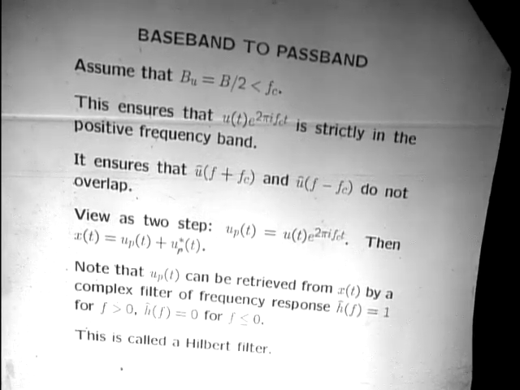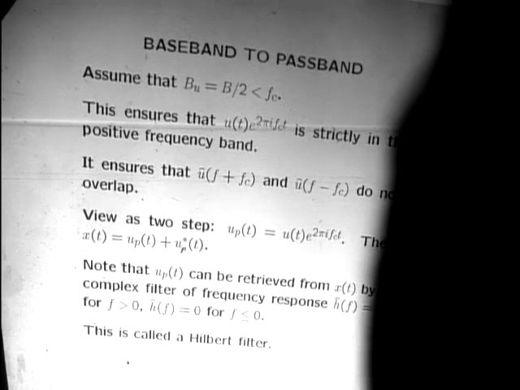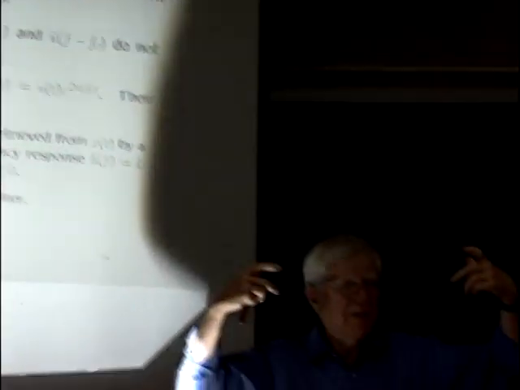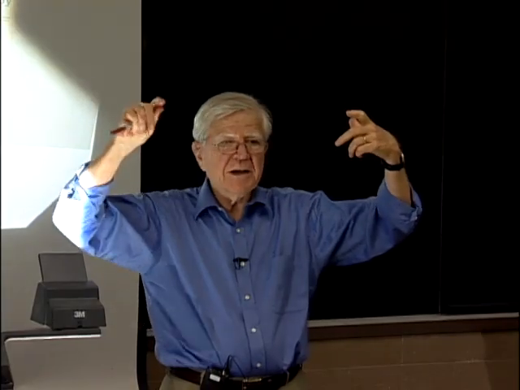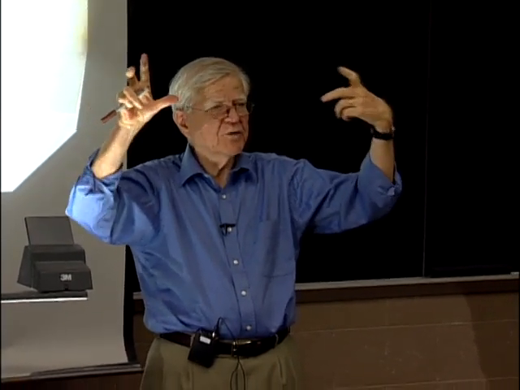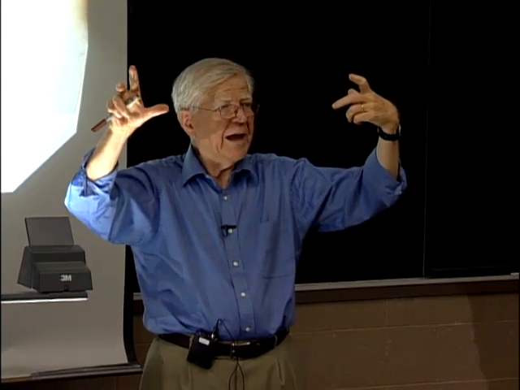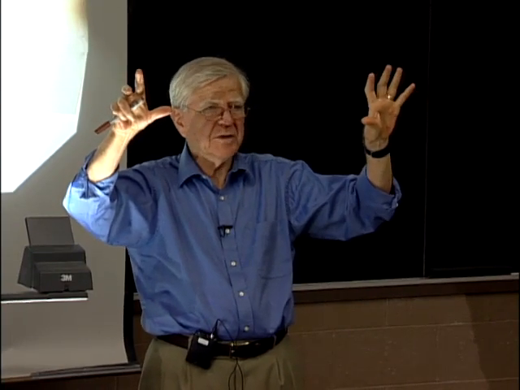So, if you think a little bit now, you can see that since these two bands are separated, if you think in terms of complex waveforms, how do you retrieve this band up here by a waveform which has both bands in it? Well, you filter out what's at negative frequencies.